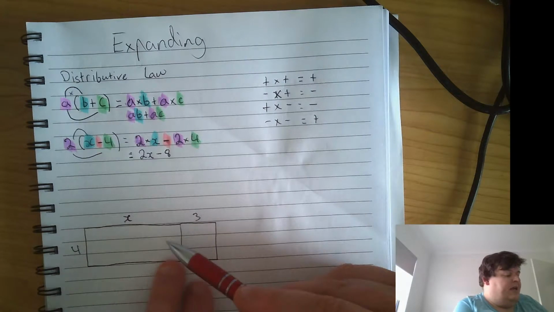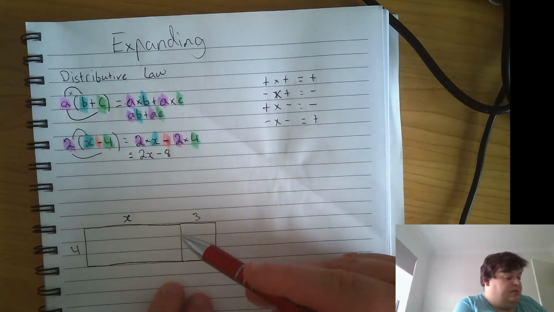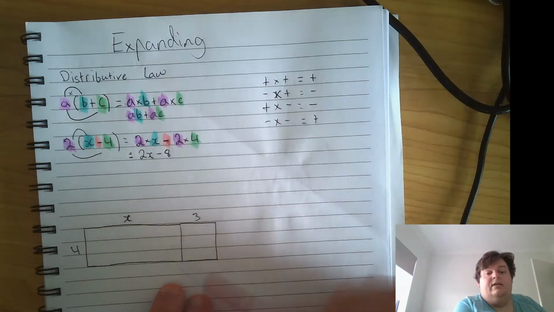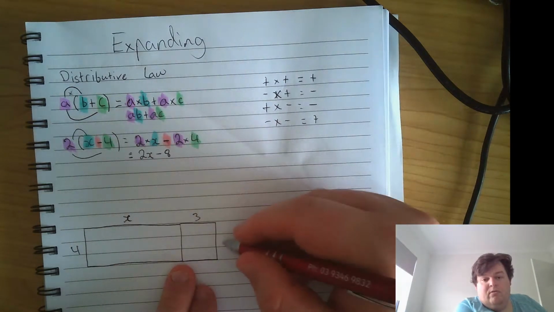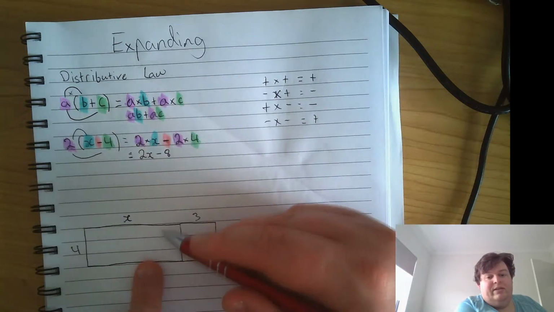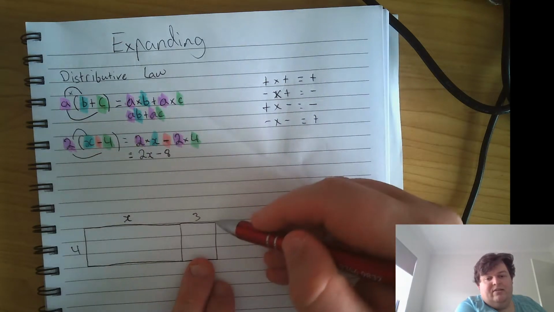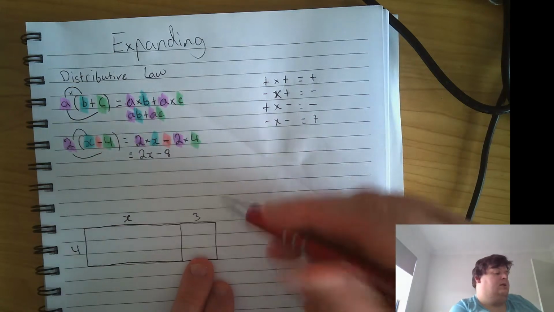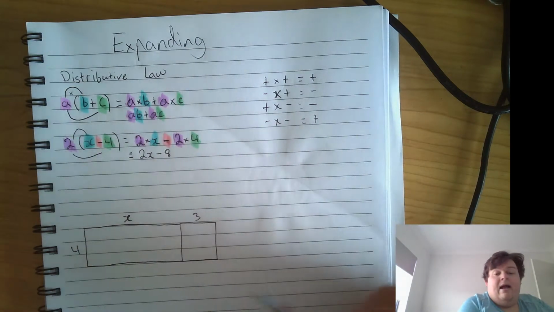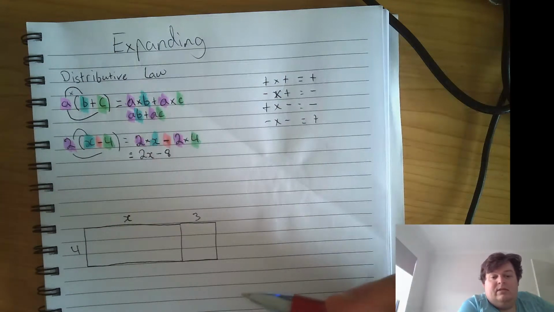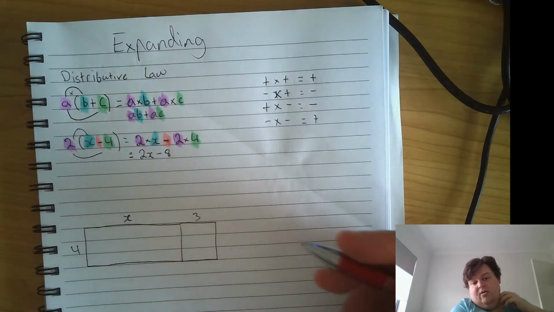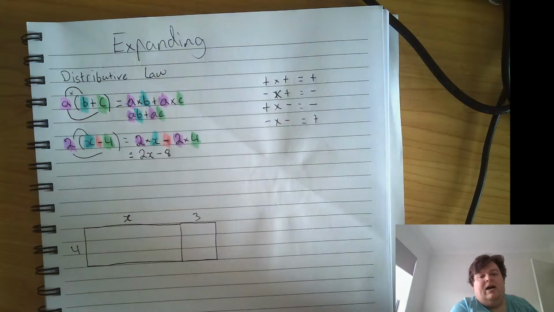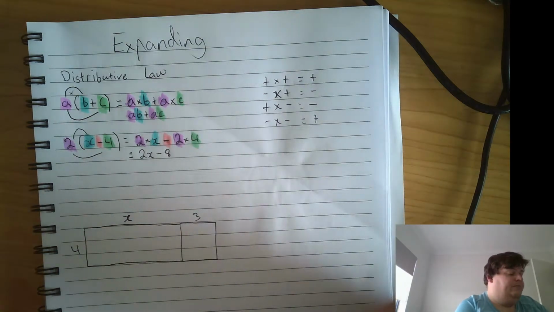Now, at the end of my lawn, I've added some more grass in a square that is 3 by 4, so it's the same width as the rest of the lawn, but it's just an additional 3 meters that's been added onto the end. Now, the question being, how could I find out the size of the lawn? Obviously there's an unknown in there, so we're going to try and simplify and distribute the easiest way that we can.